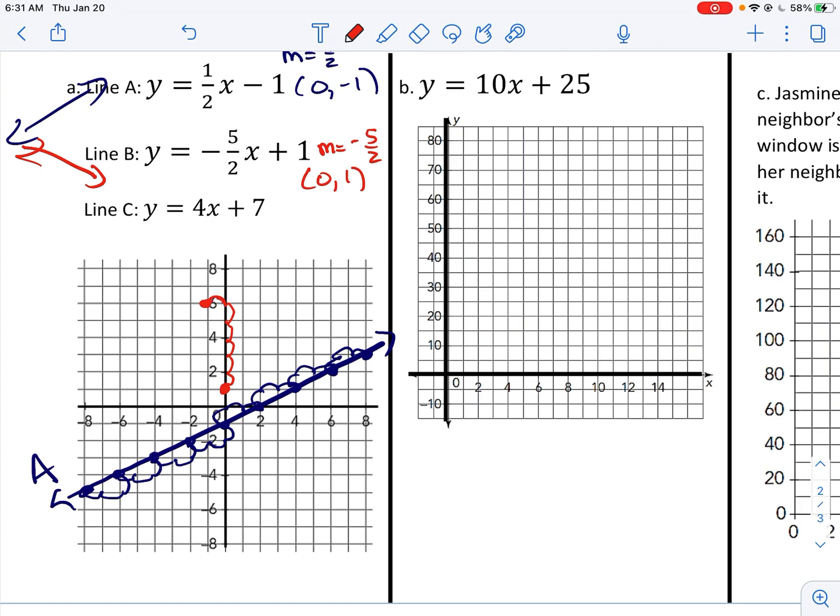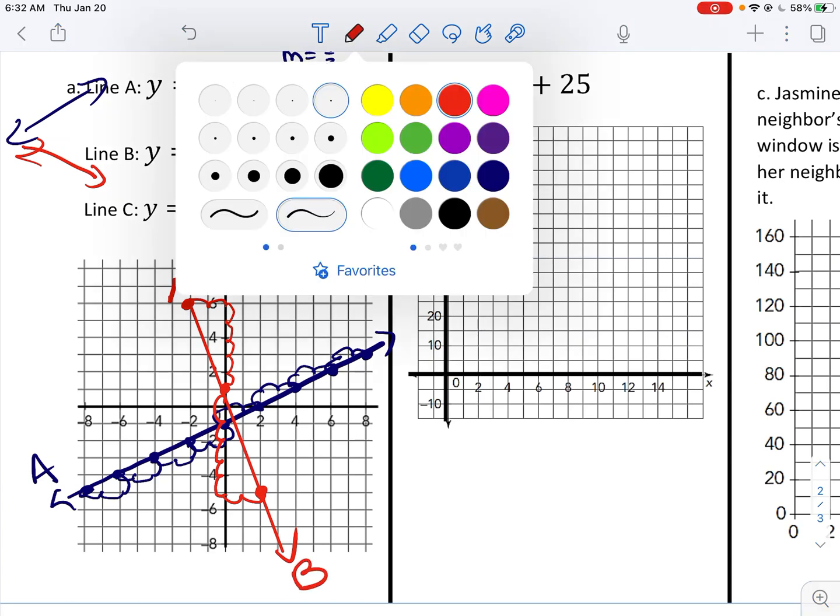Oops, so I need 2. 1, 2, there we go. Or I go down 5. 1, 2, 3, 4, 5, and I go over 2. And that is line B.